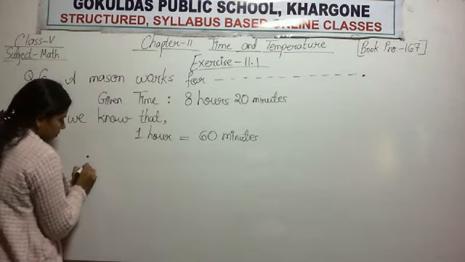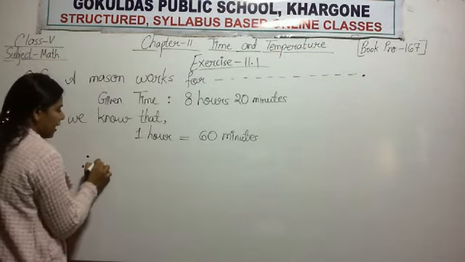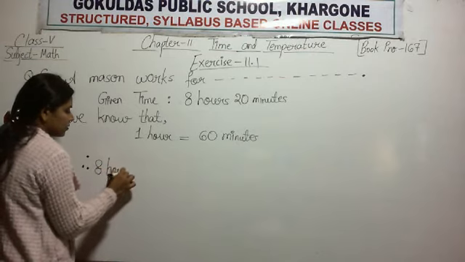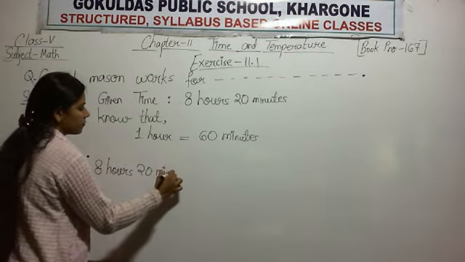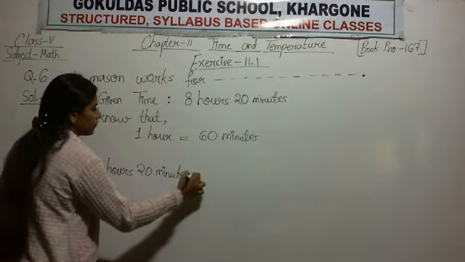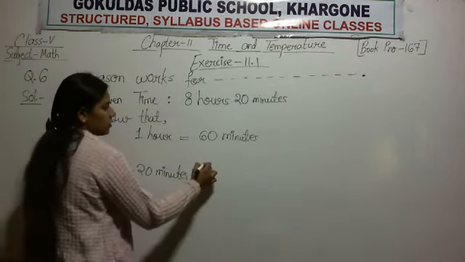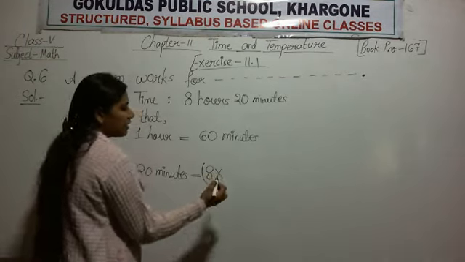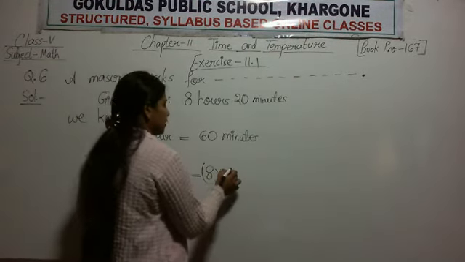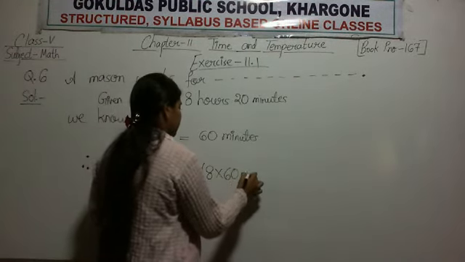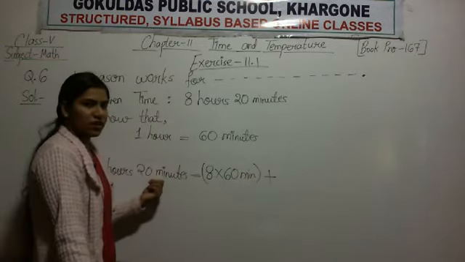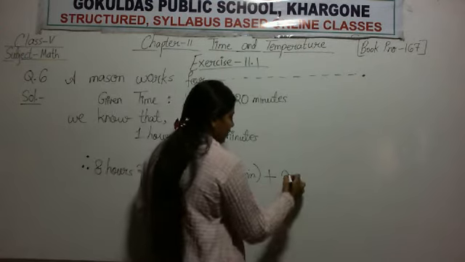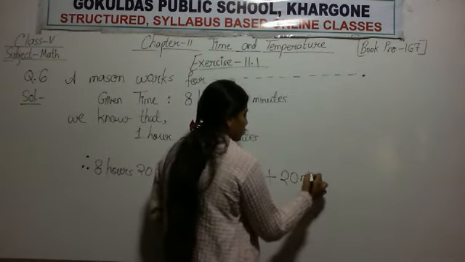Now in the next step, we will write 8 hours 20 minutes will be equals to, bracket open, 8 will get multiplied with 60 minutes plus 20 is already in minutes, so we will add the 20 minutes to it.